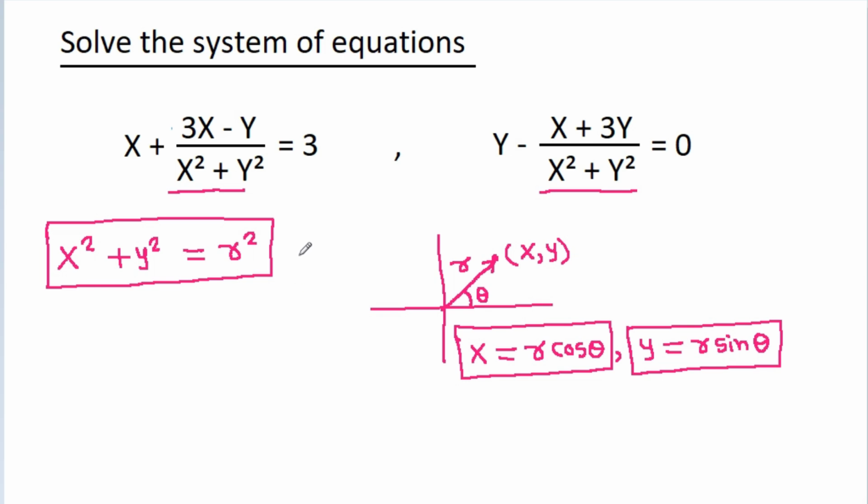If you know complex numbers, then in complex numbers also we get x square plus y square.